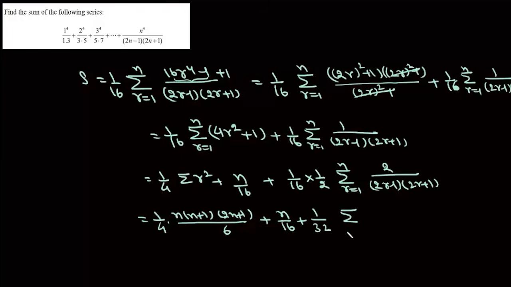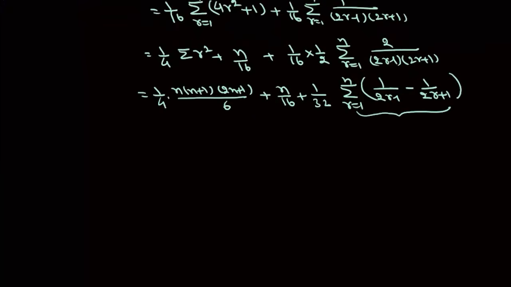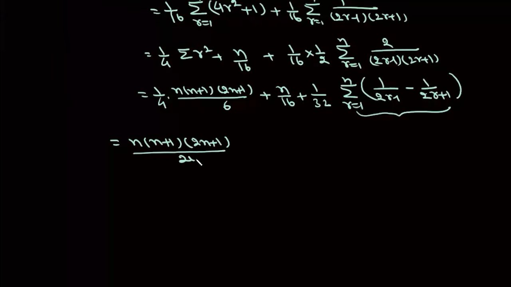And we can write this as summation r varies from 1 to n of 1 upon (2r minus 1) minus 1 upon (2r plus 1). Now we can solve this using telescopic summation. So we'll get this as n (n plus 1) (2n plus 1) by 24, plus n by 16, plus 1 by 32, and here we'll have 1 minus the last term, which will be 1 upon (2n plus 1).